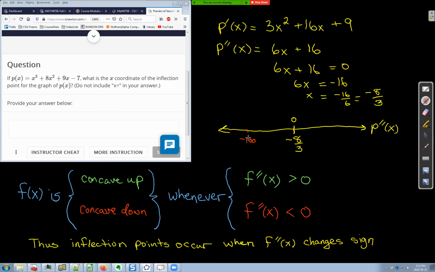And now this number line is associated with the second derivative. So I want to put -100 into the second derivative. If you take this -100 and you put it in for x into the second derivative, I don't actually care what number you get. All I care is whether it's positive or negative.